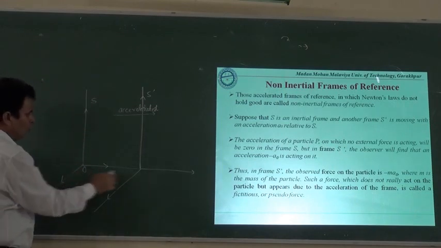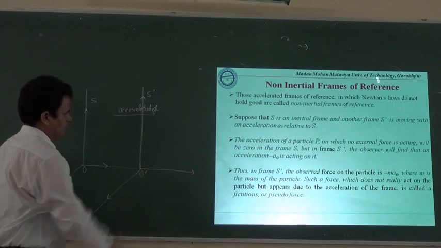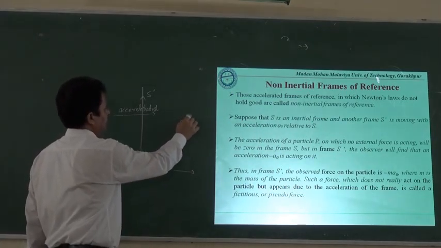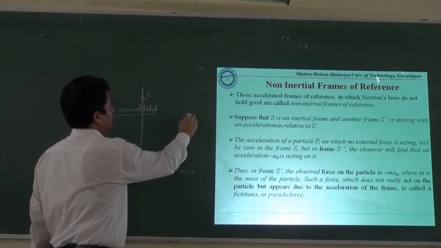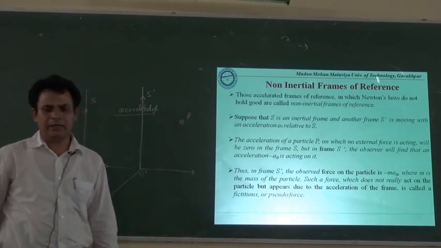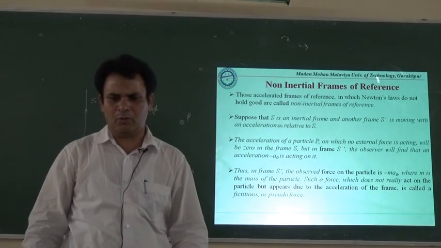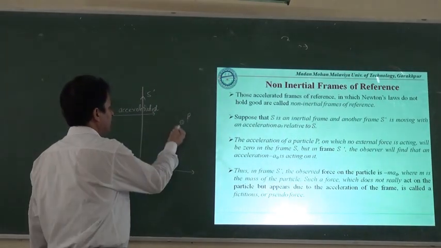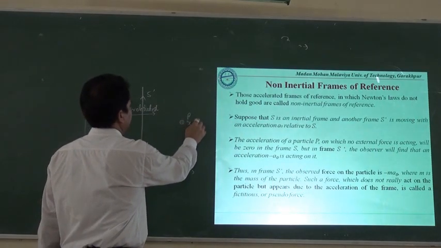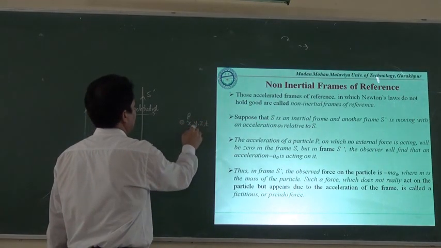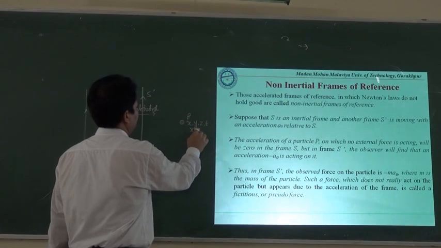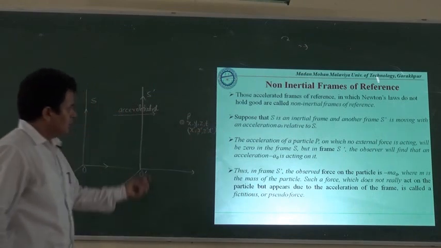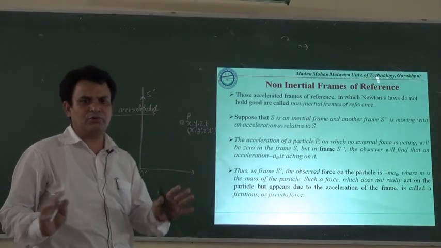Here we have O and here we have O'. Now we have a particular particle P here. The position of P can be measured by the observers O and O' respectively, and the information will be given as x, y, z, t, and x', y', z', and t'. But this case is slightly different from the earlier one.